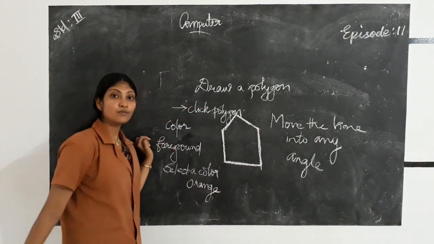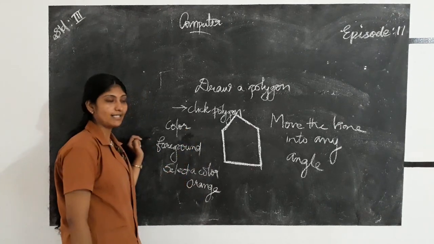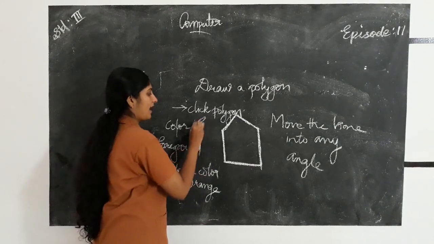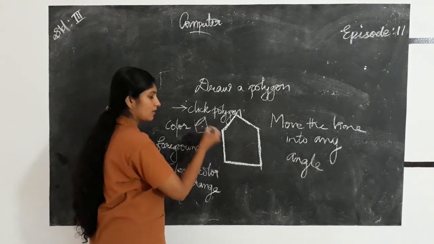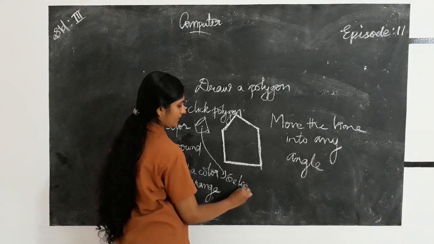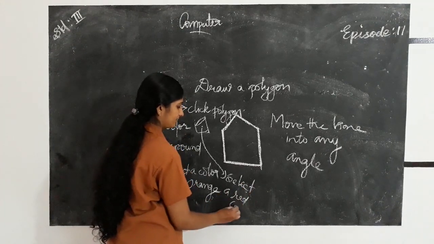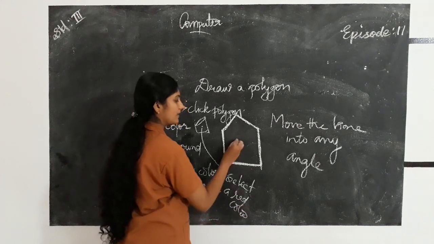Then if you want to fill the color, just go to the fill with color tool or bucket, click on it and select a color. For example, select a red color, then click on the shape.